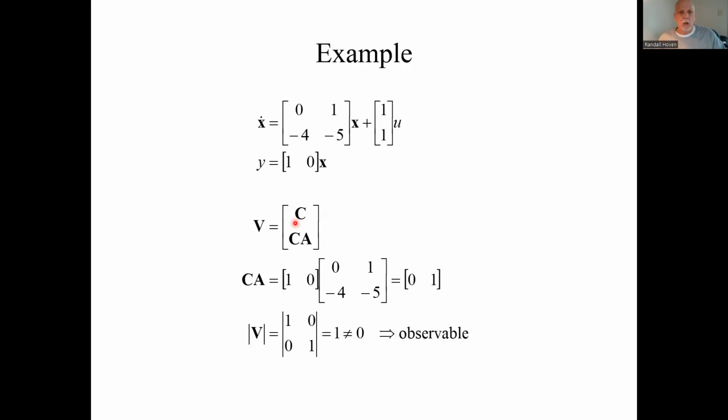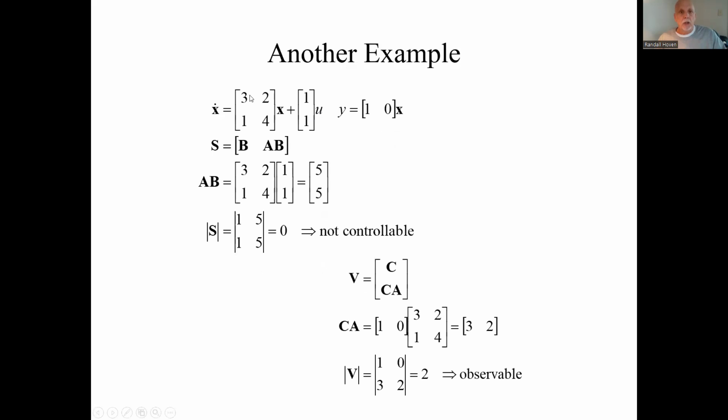So C, the upper row, is 1, 0. Here's what C is, 1, 0. The bottom row is CA, that's 0, 1. That determinant is 1. That's not 0, so this one is observable.